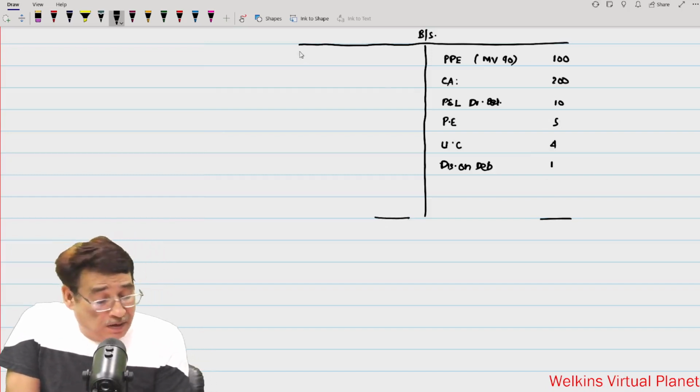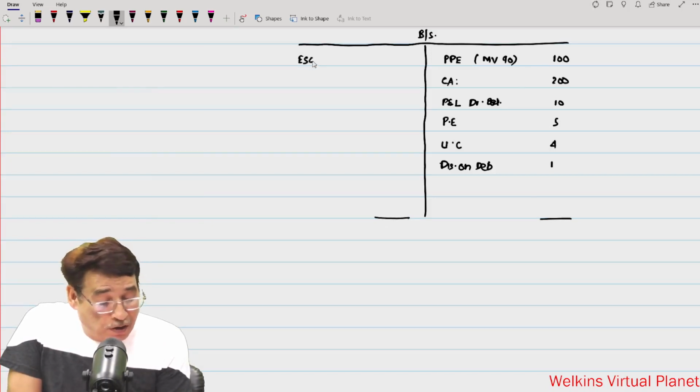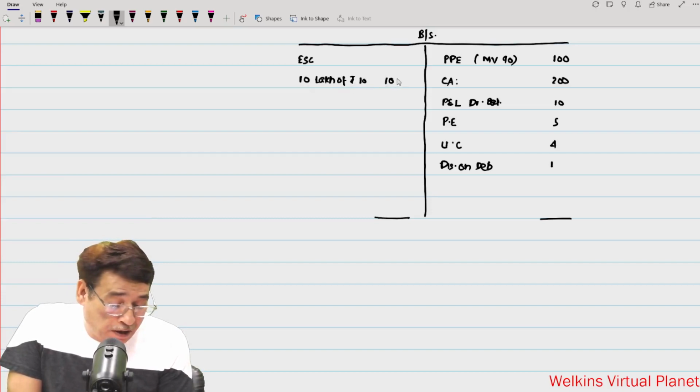And similarly, towards the liability side, let us say there is equity share capital. We have, let us say, 10 lakh shares of rupees 10 each, total 100 lakhs.